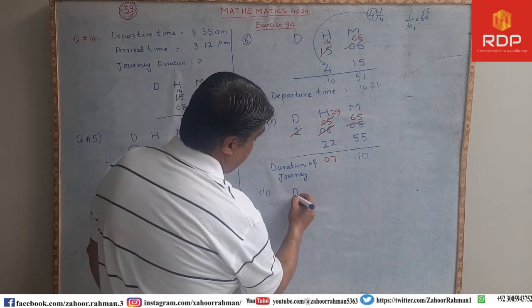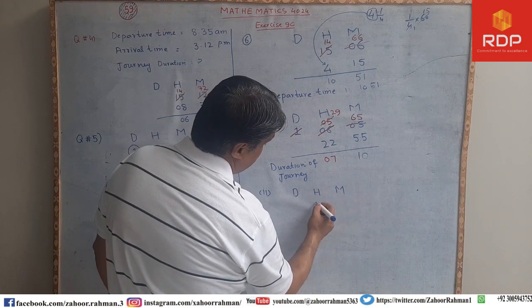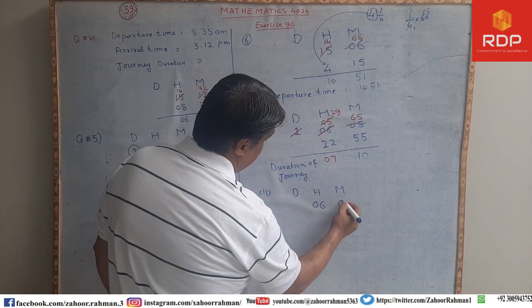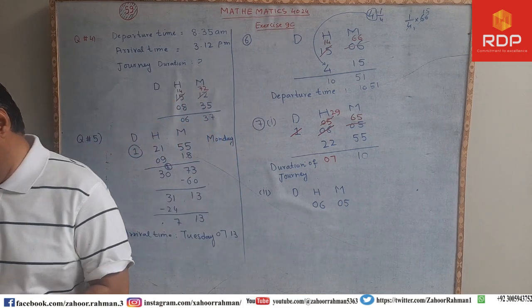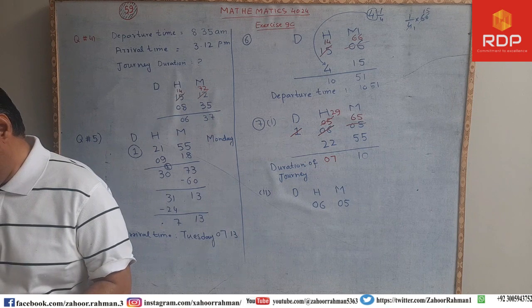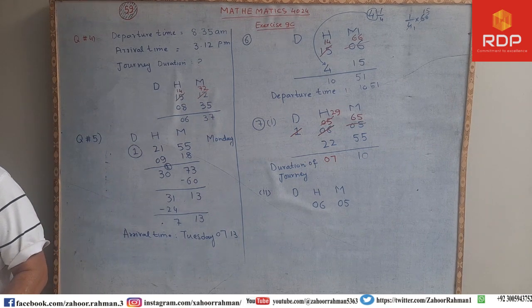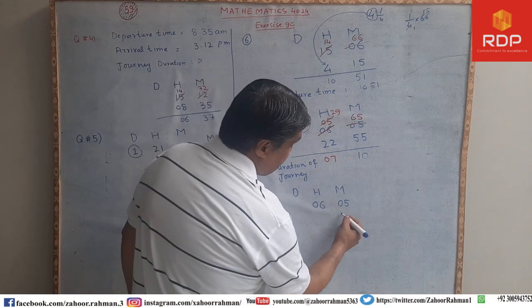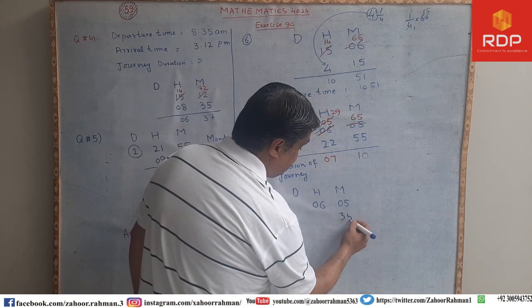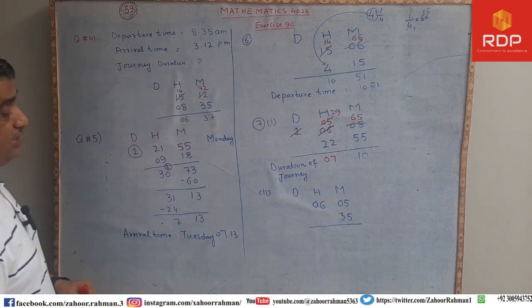So I am writing DHM, 06 and 05. But the coach reached 35 minutes before schedule time. So we have to subtract 35 and we will see at which time this coach reached.